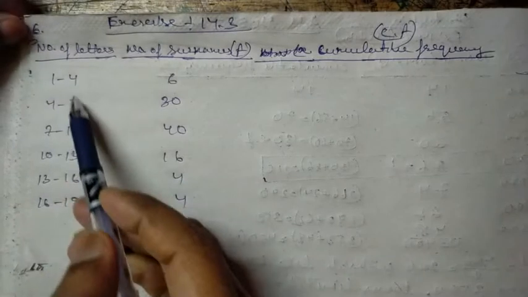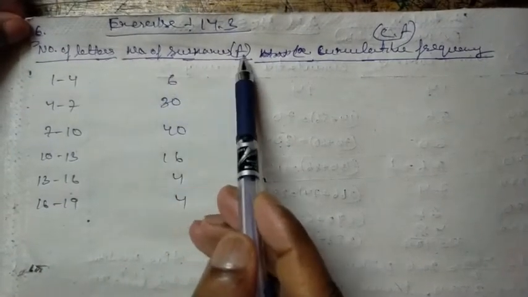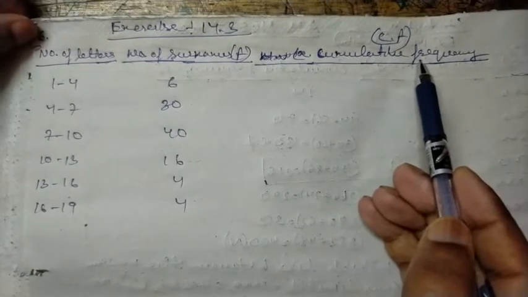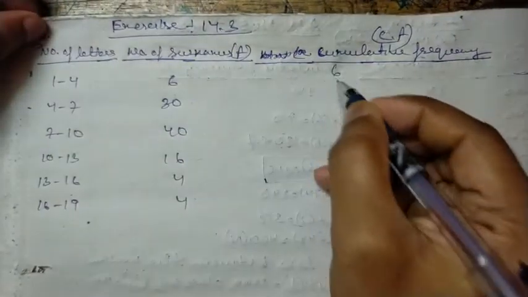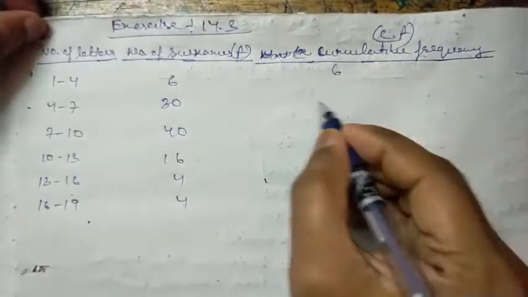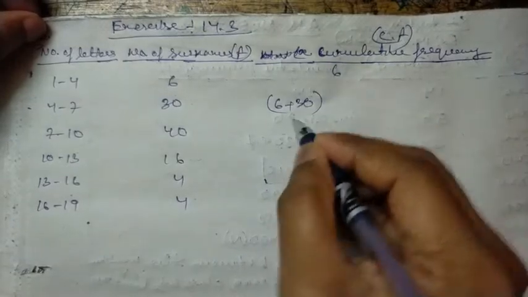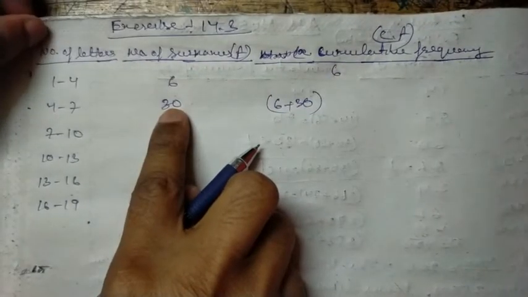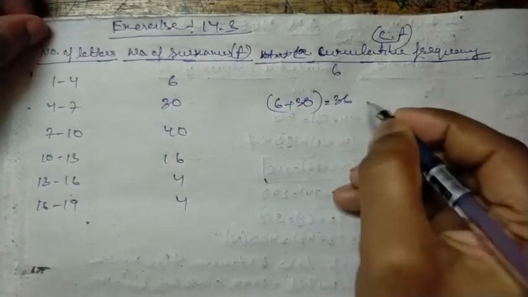This is the number of letters and number of surnames, that is frequency. We have to find the cumulative frequency for the median. First we write 6, then we add the value: 6 plus 30 is 36.